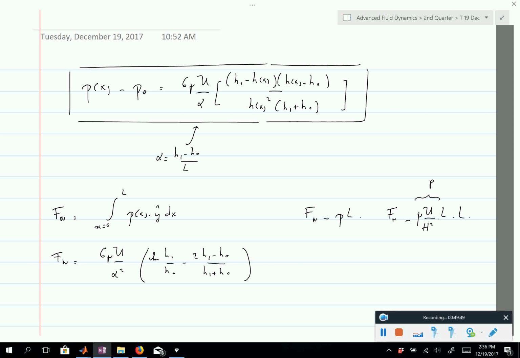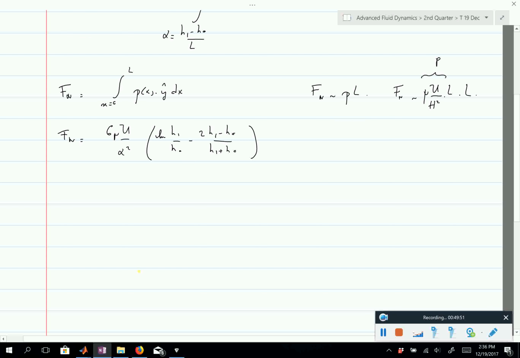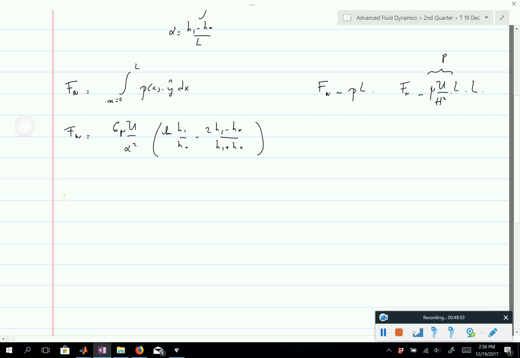Okay. If the question was to compute the tangential force, the friction force on the top rotating plate or the top flat plate, because you may want to know how slowly it's going to decay, what would you compute?